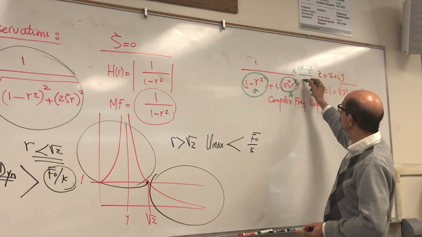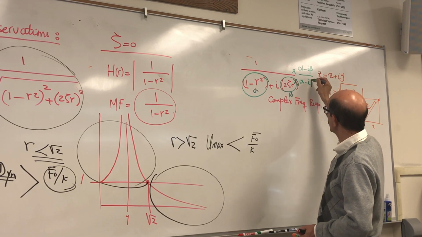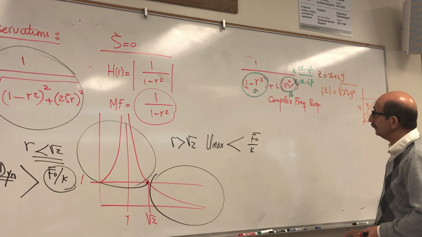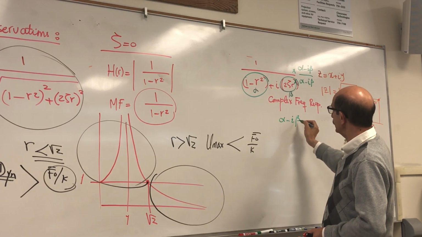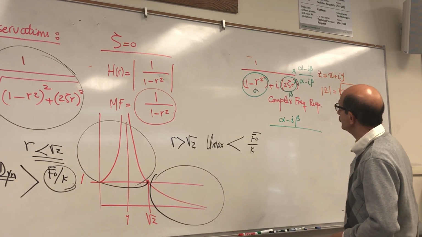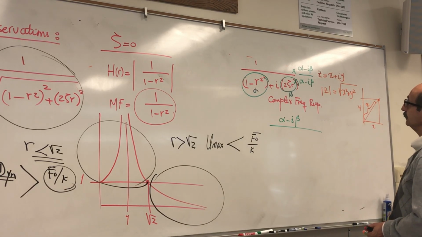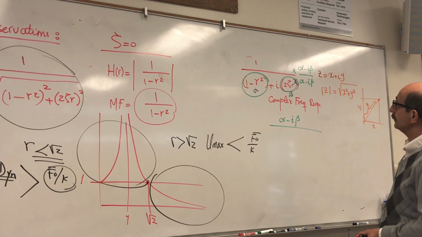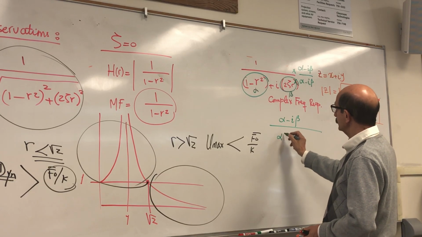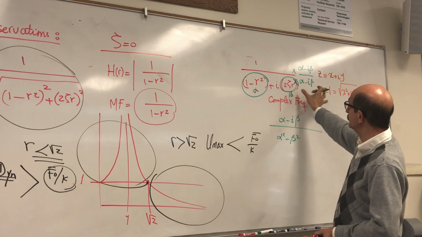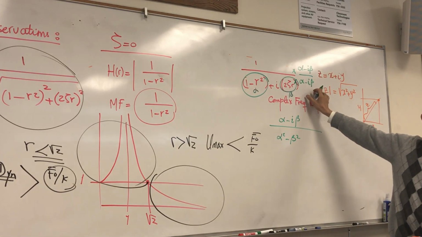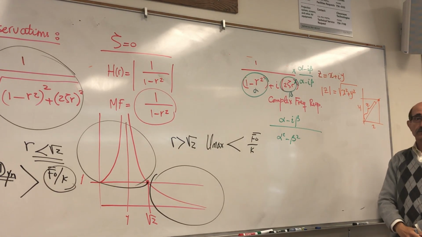Then what you get is alpha minus i beta divided by alpha squared plus beta squared, because alpha plus i beta times alpha minus i beta would be alpha squared plus beta squared.